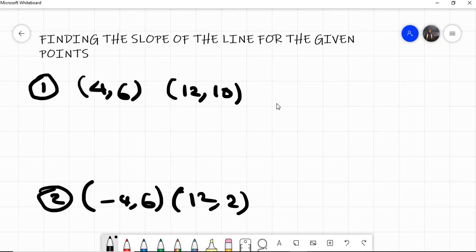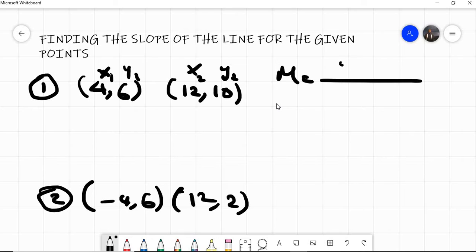So what we do first, we're gonna write each point x1, y1, and then this one we're gonna write x2, y2. The reason is the slope formula says m equals y2 minus y1 over x2 minus x1.